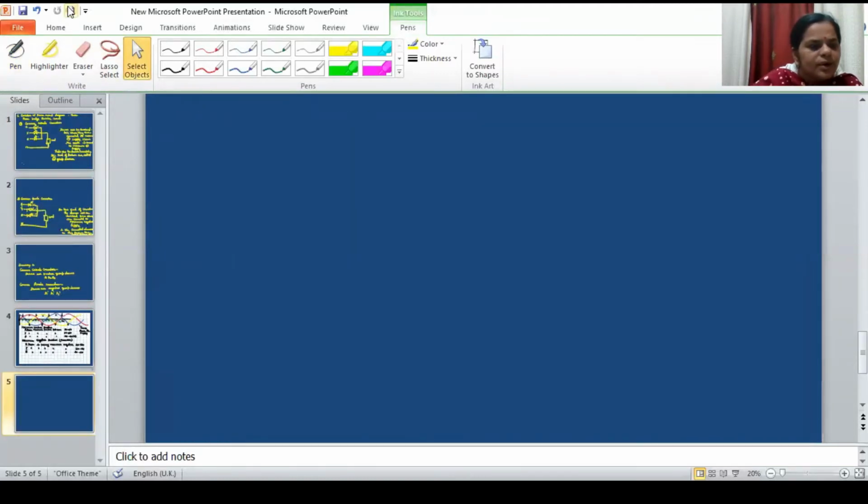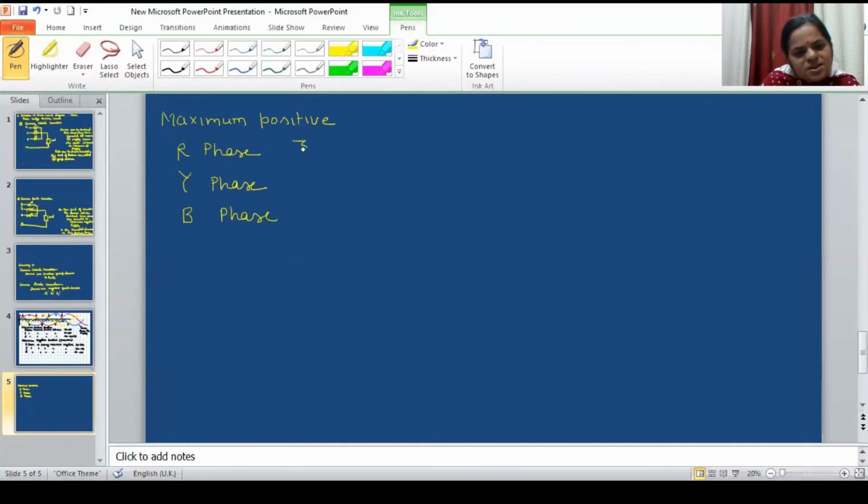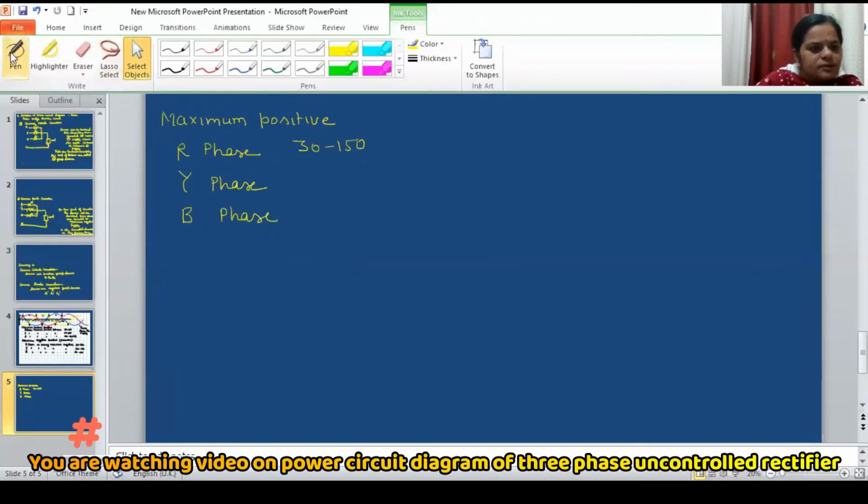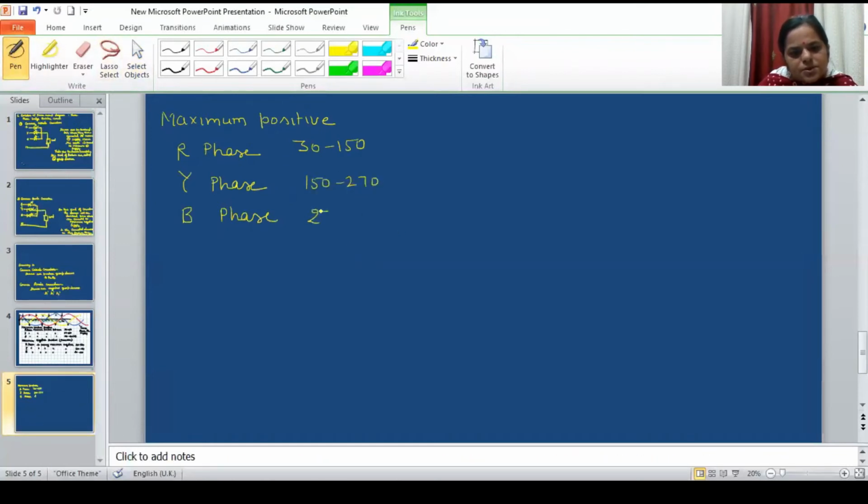So let us write the duration of maximum positive for the R phase, Y phase and B phase. The R phase is from 30 to 150, the Y phase 150 to 270, and the B phase 270 to 30.